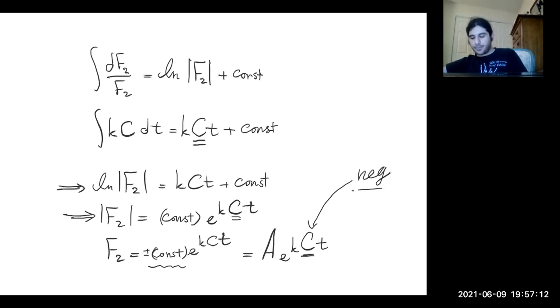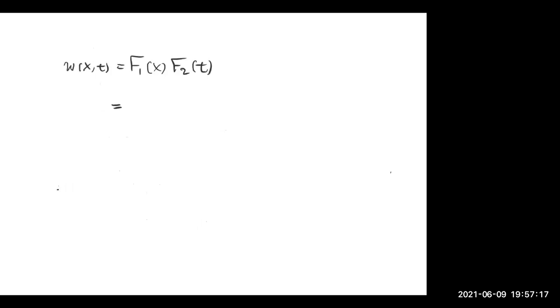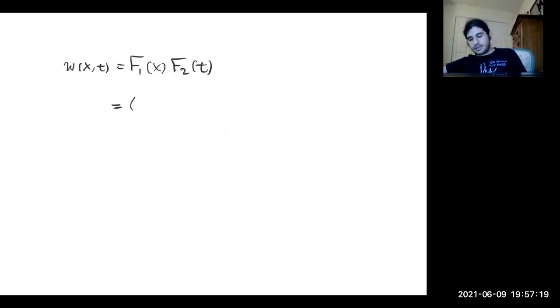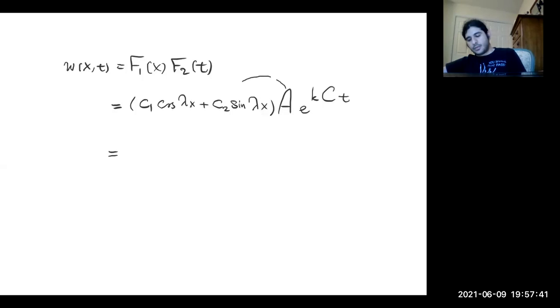That's correct. Okay, and then we know W is F1 times F2, where F1 is C1 cosine of lambda x plus C2 sine of lambda x, times F2 of t, which is some constant a e to the kct. Now there are two things. One is that when I multiply, I can multiply a by this parenthesis, and a is a constant. These c1, c2 are constants.